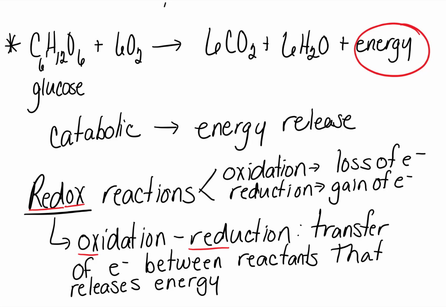So we can think about that in terms of reactants in a chemical reaction. The reactant that is losing electrons is being oxidized, and the reactant that is gaining those electrons is being reduced.